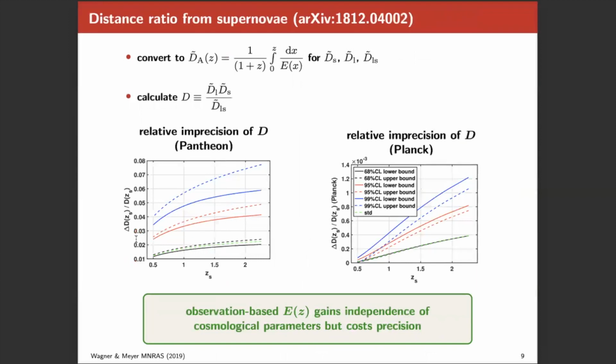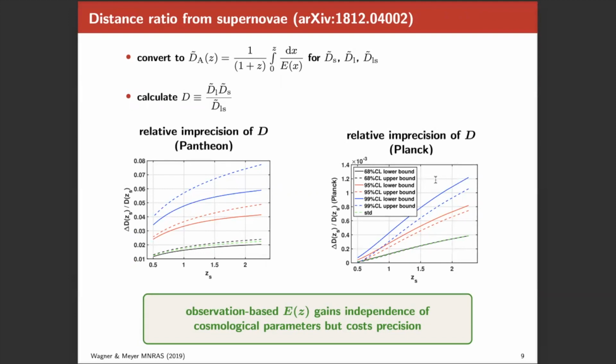When we take a look at the relative precision with which we can reconstruct this distance ratio from the Pantheon sample of supernovae, we find that we lose about an order of magnitude in precision compared to the values if we use the Planck data. So these are really very precise compared to the Pantheon data of supernovae. But if we use the Planck values, we have to impose a cosmological model.